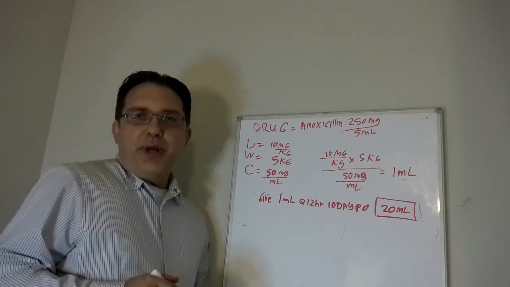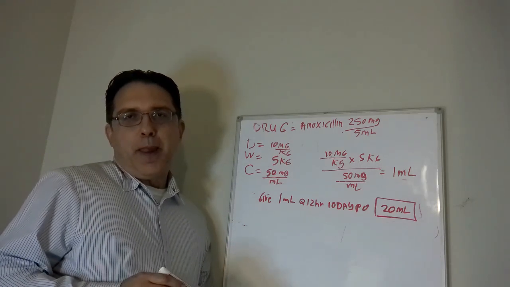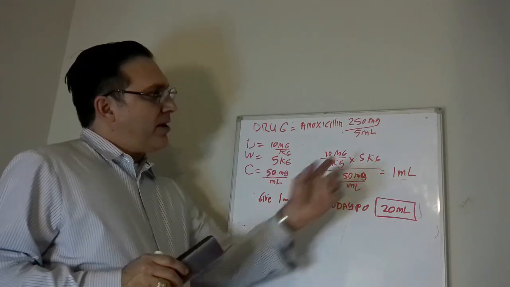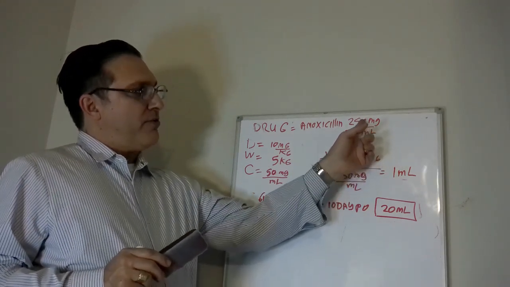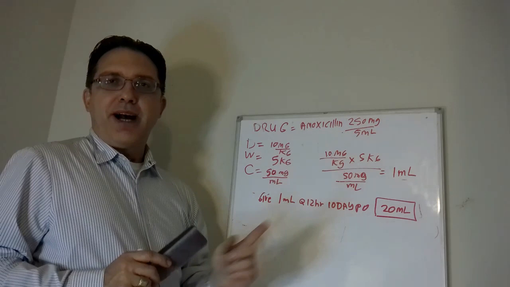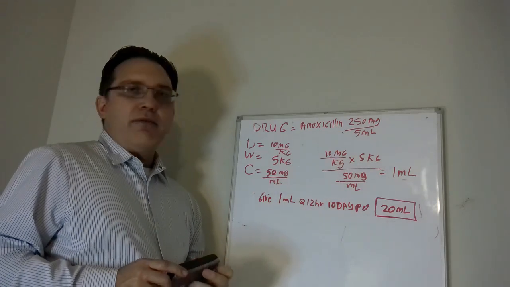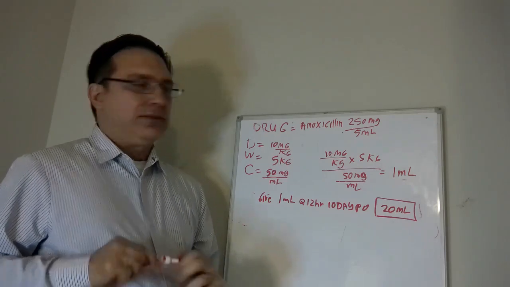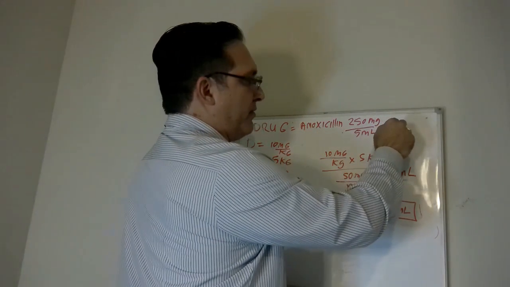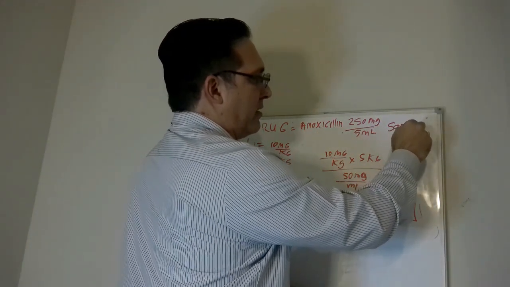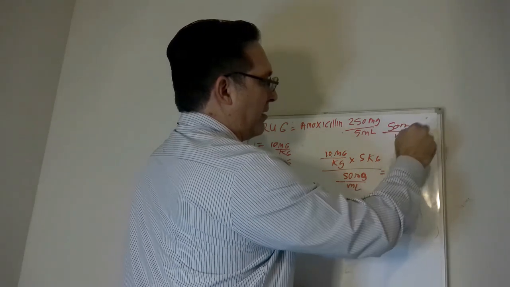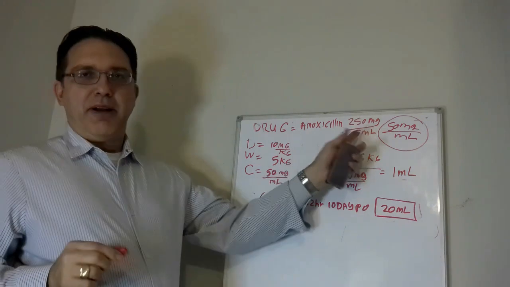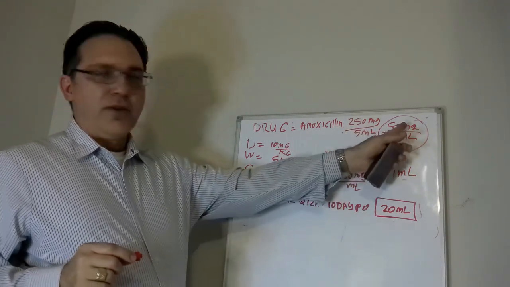In this example, we have amoxicillin, and some people get confused because they see the concentration as 250 divided by 5. They get confused because it looks like a big number. But all you got to do is divide it. Okay? That's actually just 50. See, if you divide 250 by 5, it's 50. So that's your concentration.